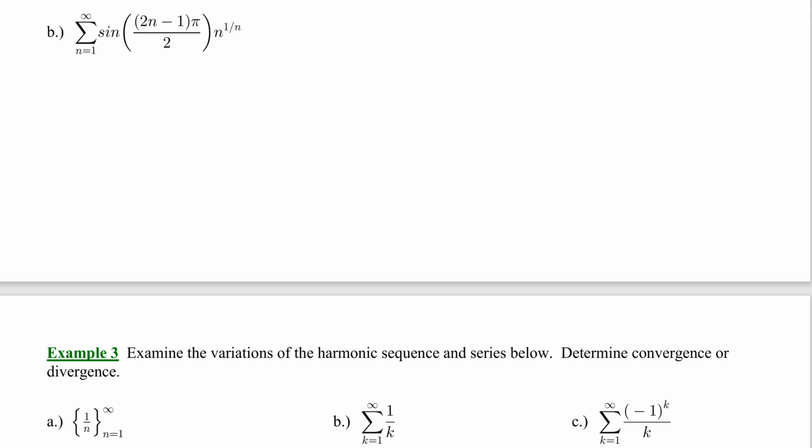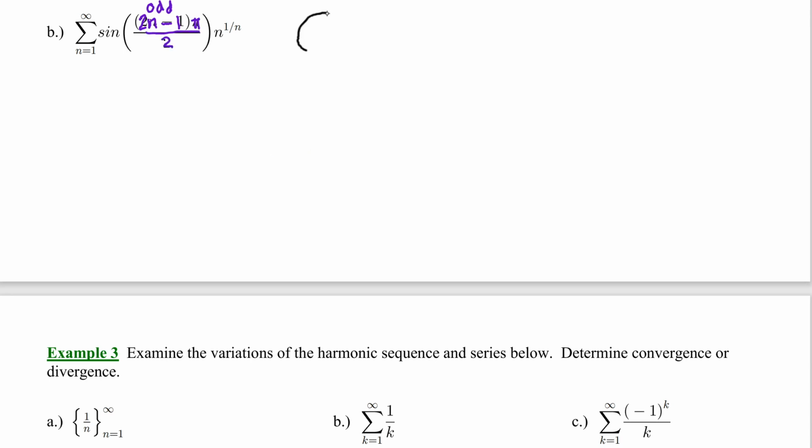Now, first of all, let's observe how this is an alternating series. If n is an integer, then 2 times that integer is definitely an even number. And if I take an even number minus 1, it's definitely going to be an odd number. So I have an odd multiple of pi over 2, right?